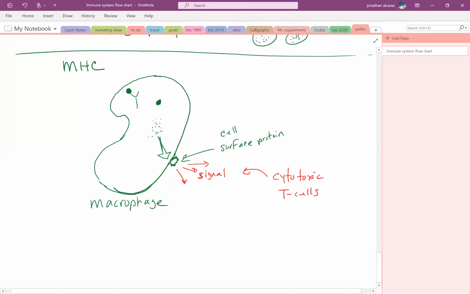So that activates or brings in the cytotoxic T cell.